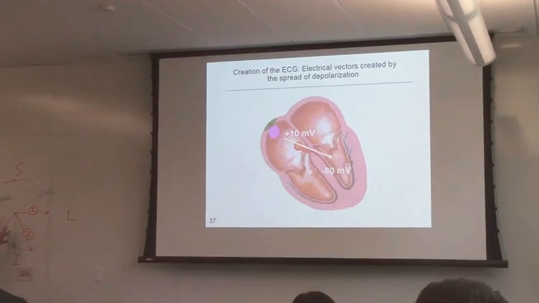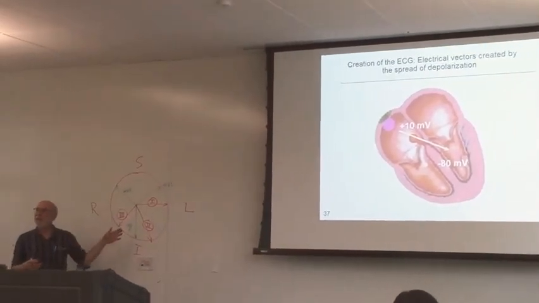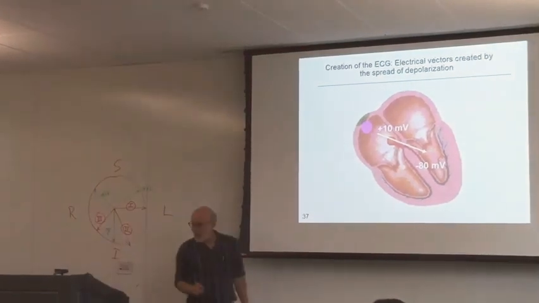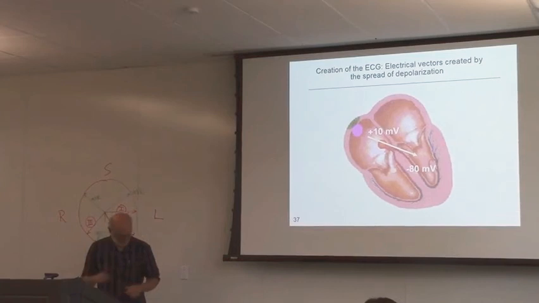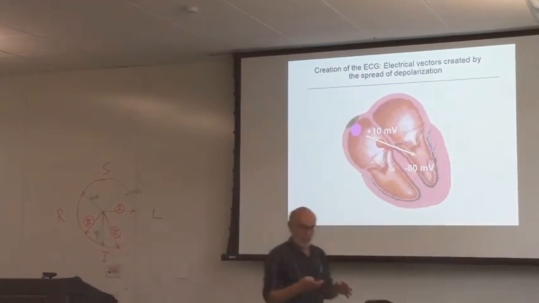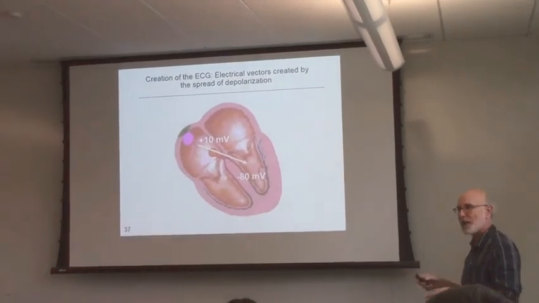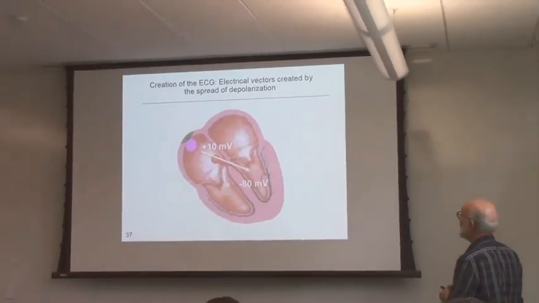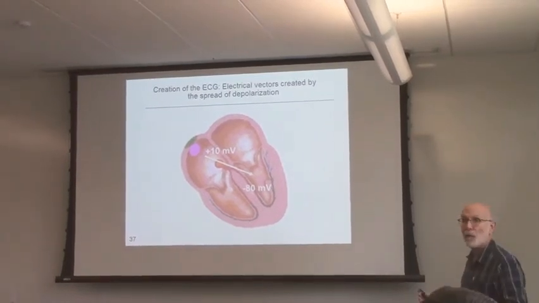So these leads define orientations in the body. And you know that when electrical activity spreads, this cartoon is supposed to illustrate a snapshot in time when the SA node has depolarized and the rest of the heart has not depolarized.